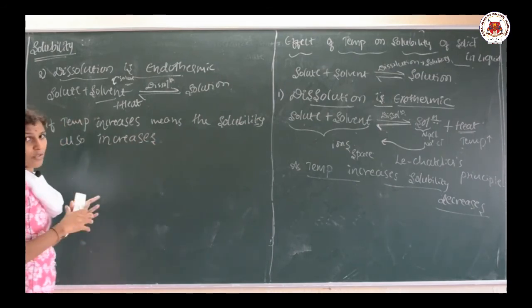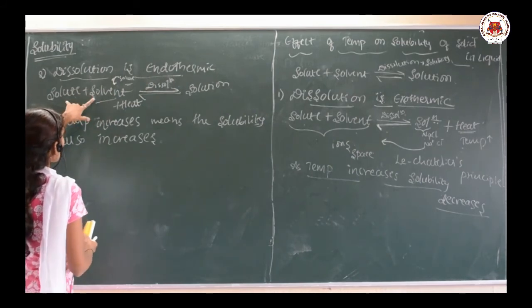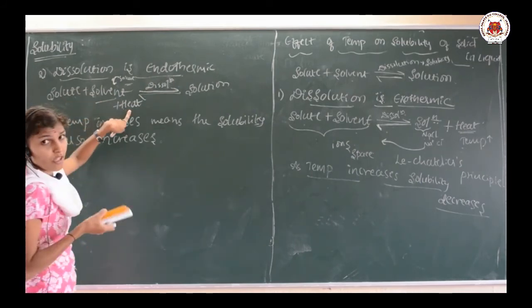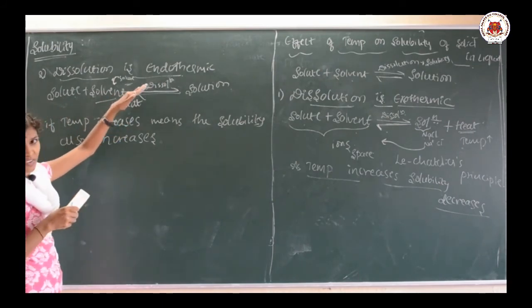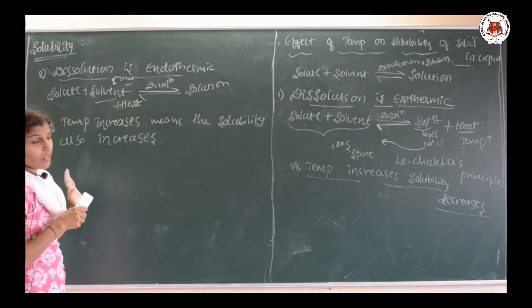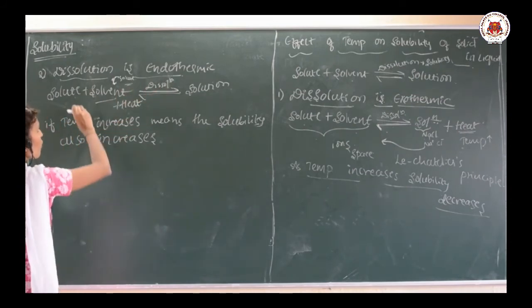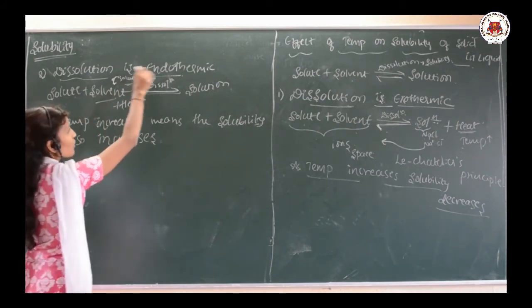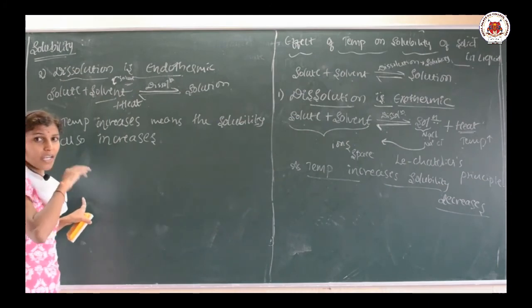Why does this happen? See here, the dissolution is endothermic: solute plus solvent plus heat. Endothermic means it consumes heat. Now, I am going to increase the temperature, and the equilibrium is not ready to accept it. So, it favors the forward reaction. More of these particles move towards the solution, so there is space for addition of solute.